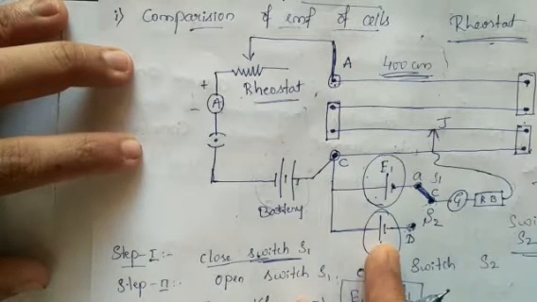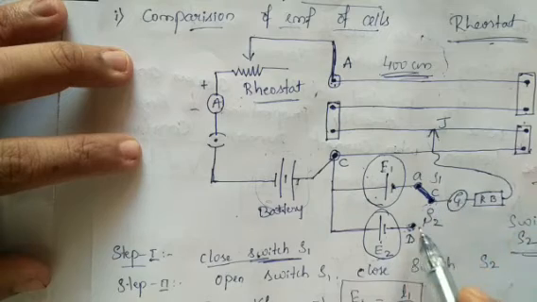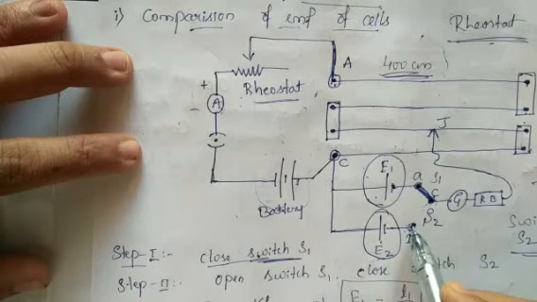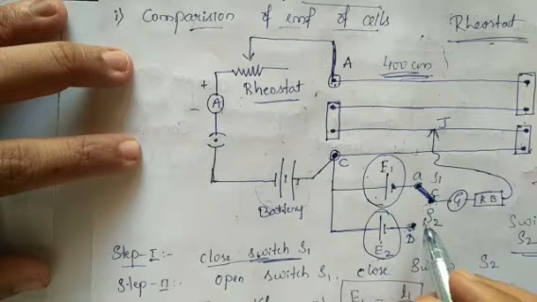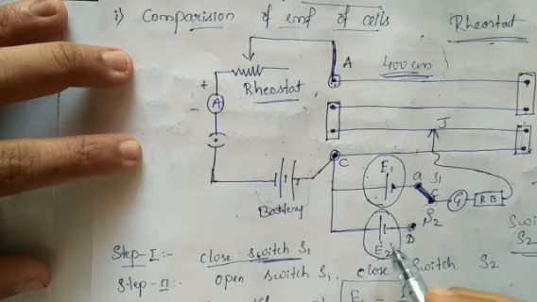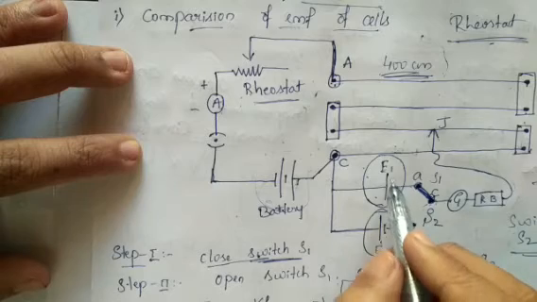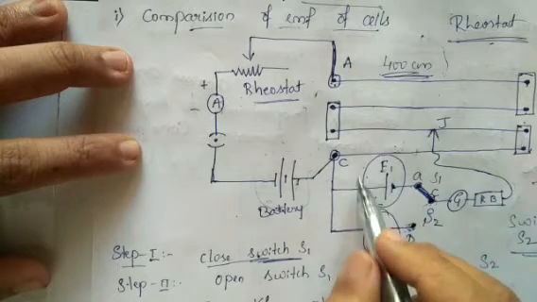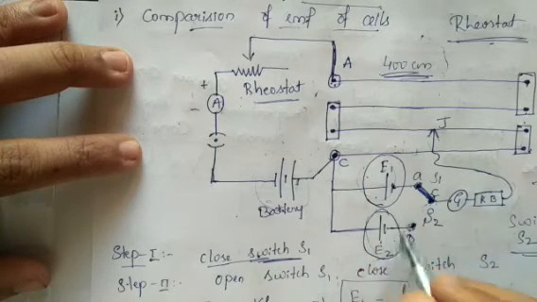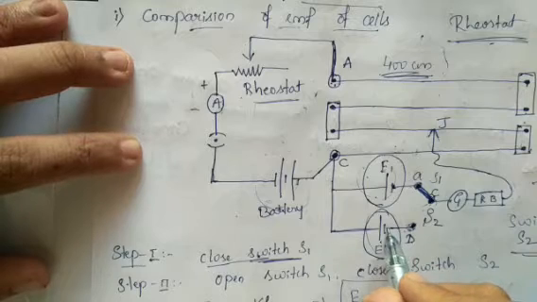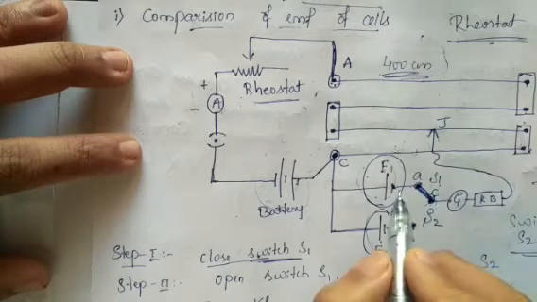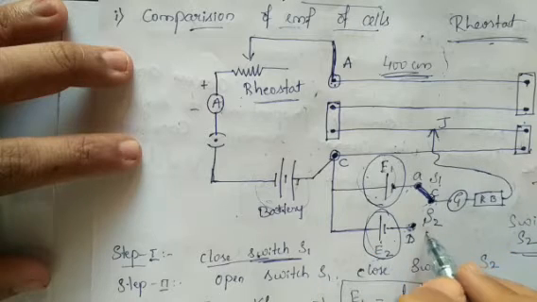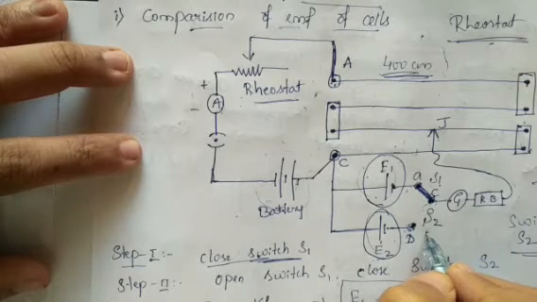Why is it inactive? The reason is that the switch is open. When the switch is open, there is no flow of electric current through this cell. So in the first step, E1 is active, whereas E2 is inactive: switch S1 should be closed, whereas switch S2 should be kept open.